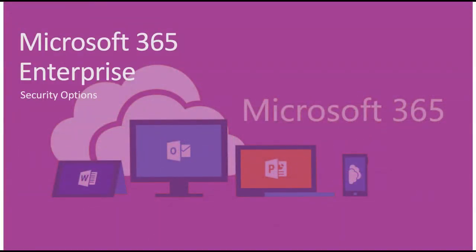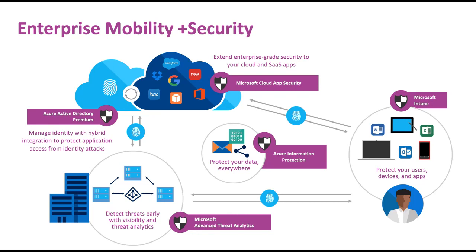Now, what we're going to cover is some additional security options for the enterprise. Within the enterprise mobility and security toolset, there are two SKUs. There's an E3 and E5. E3 is the entry level, and essentially allows you to do nearly everything we've got on the screen, with different levels of the services available within this.